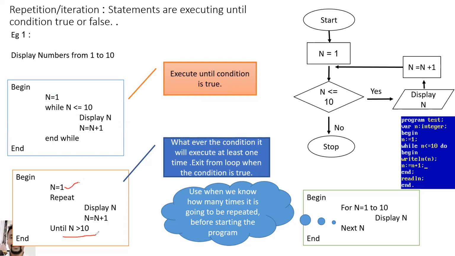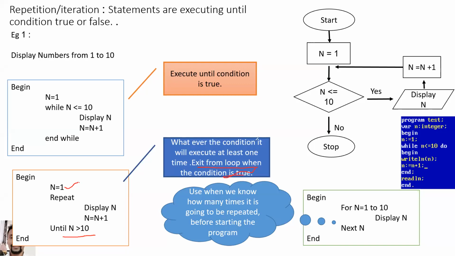When the condition is true, it will exit from the loop. Look at the previous one: in the while loop, when the condition is true, it comes inside and works. In repeat until, when the condition is true, it will exit from the loop. Exit from the loop when the condition is true.